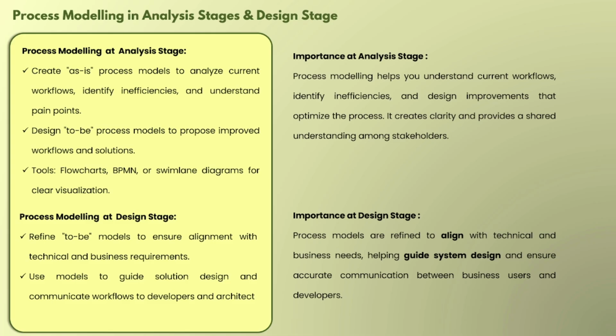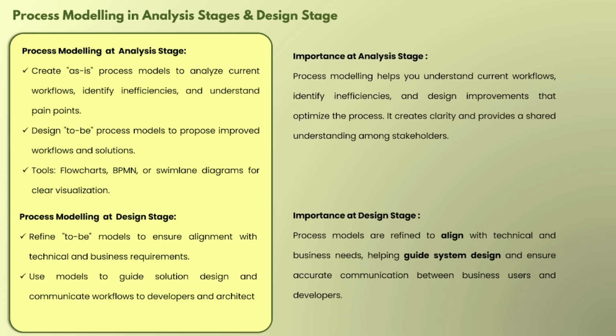Means in short, we are refining it. This helps us, the development team, understand exactly what needs to be built and makes sure there is no confusion between business users and developers. It basically acts like a blueprint for building the system the right way. System means I'm talking about software, and in our case we are developing the loan management system for the bank.